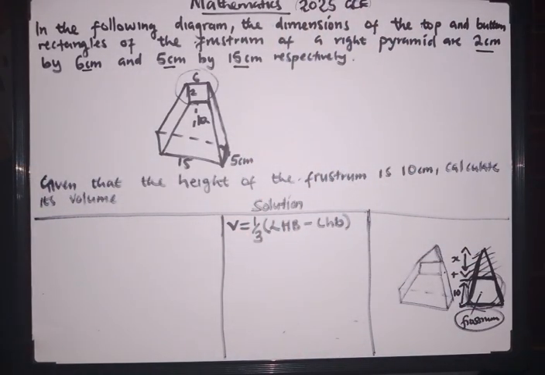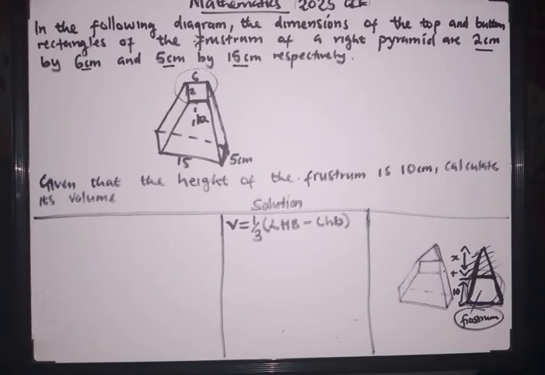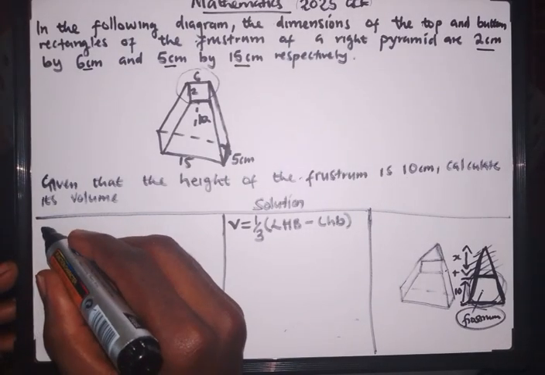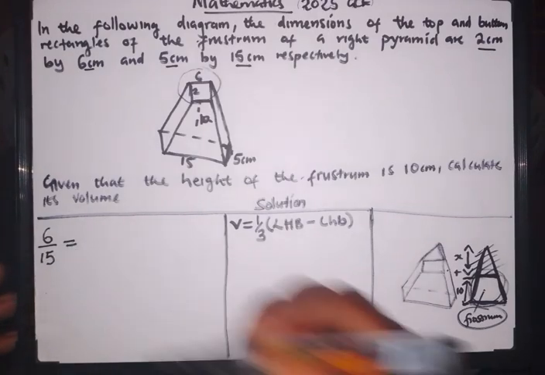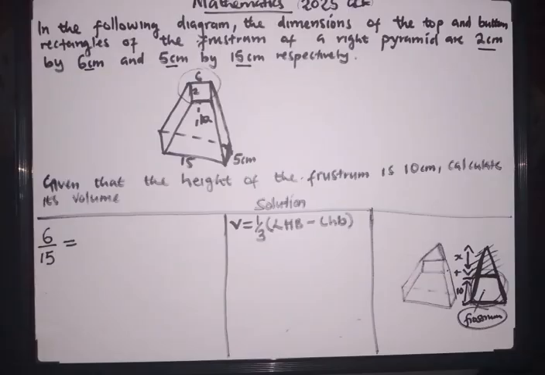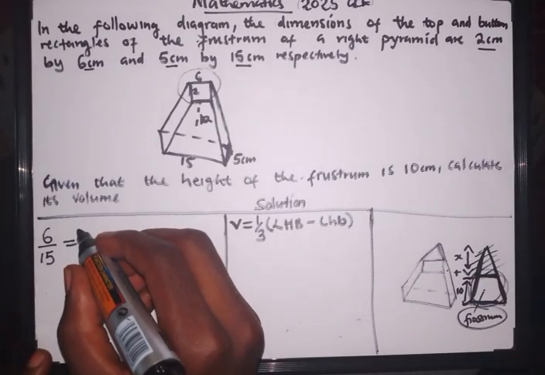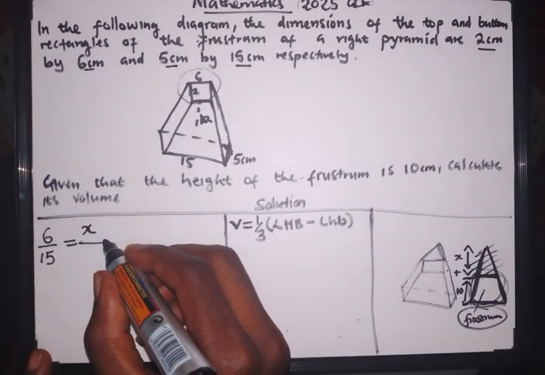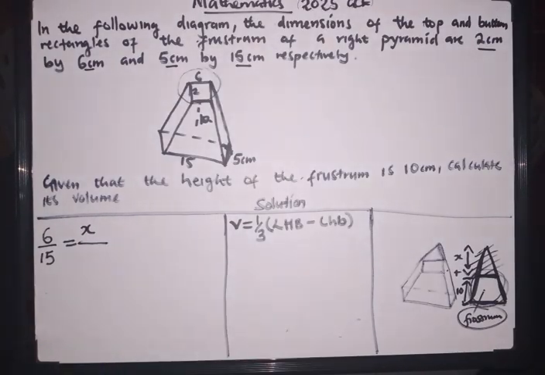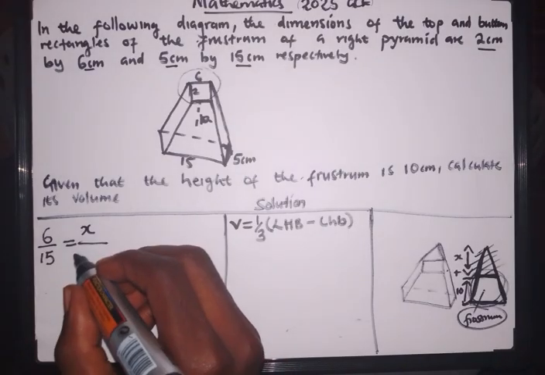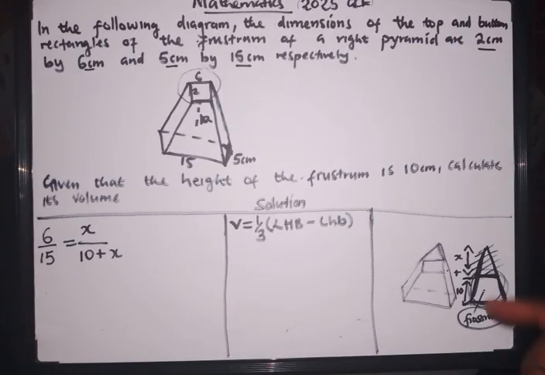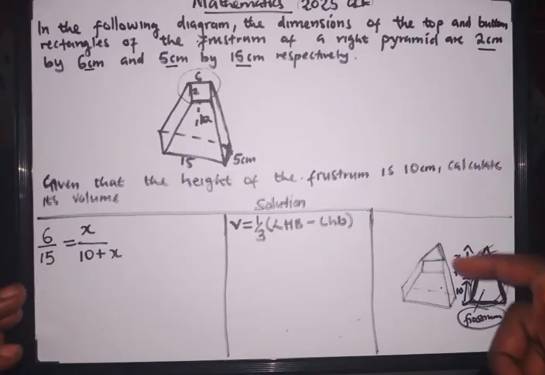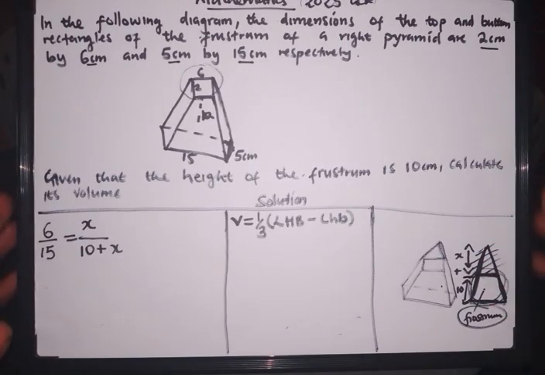For me, I'll pick the length, which is 6 and 15. So the smaller is 6, then the bigger is 15. Now, how about the height? We have the small height, which we don't know. Then we also have the bigger height, which is 10 plus that small height, which gives us the total height.